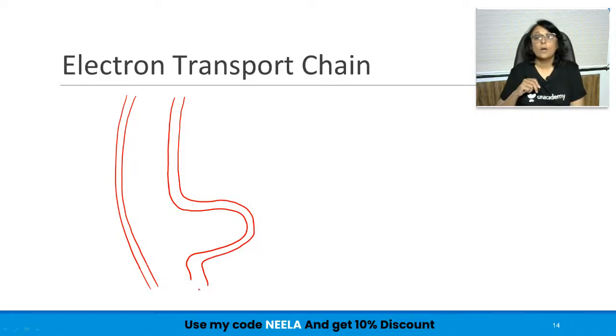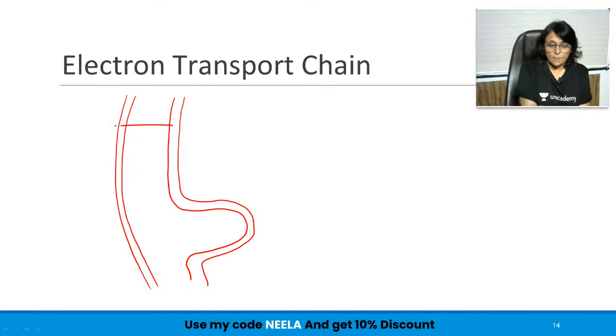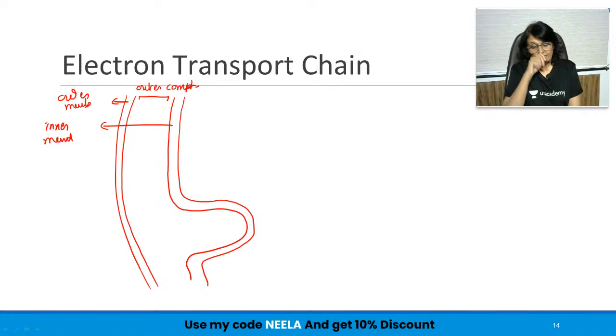We will draw the complete, detailed electron transport chain one more time. This is just to understand the concept. This membrane is the inner membrane. This membrane is the outer membrane. This space is called the outer compartment, and the inner side is all matrix.